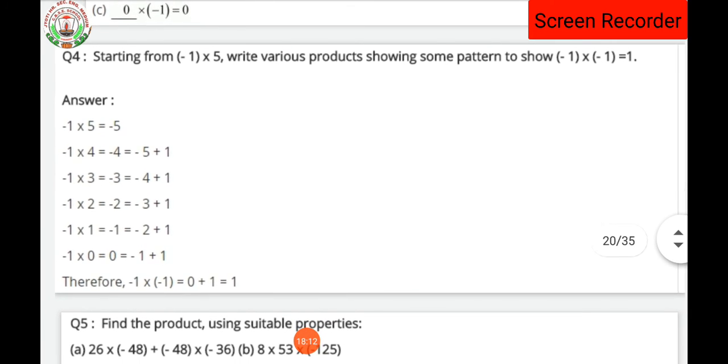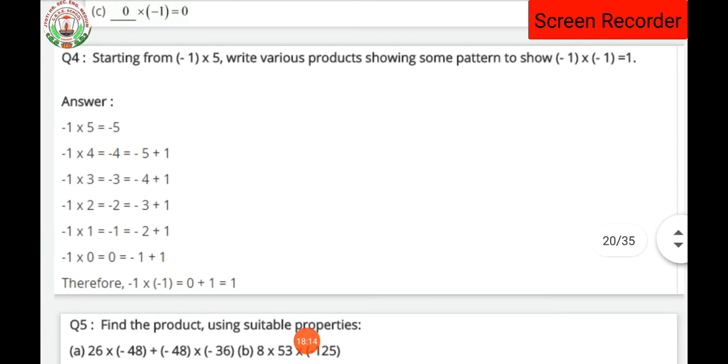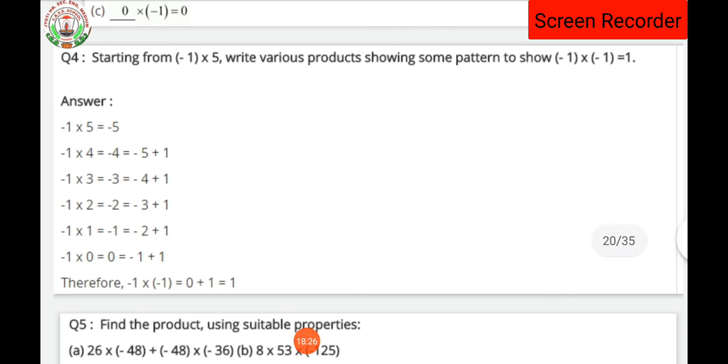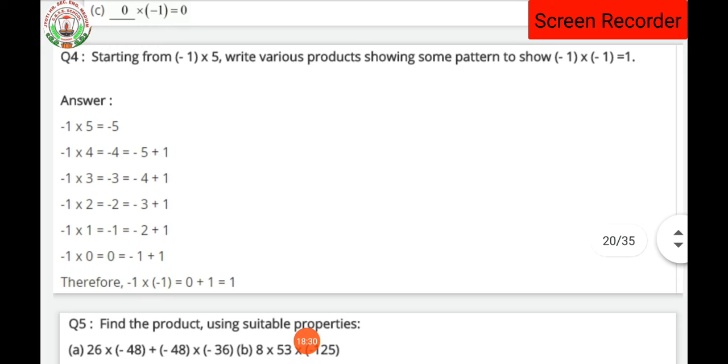Next question, fourth. Starting from minus 1 into 5, write various products showing the same pattern to show that minus 1 into minus 1 is equal to 1. So we have to answer it. When minus 1 will be multiplied with 5, you will get the answer minus 5.